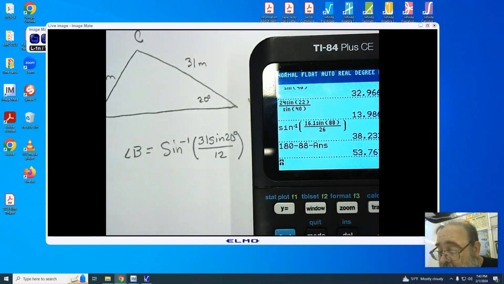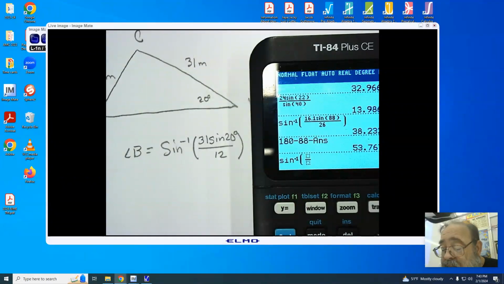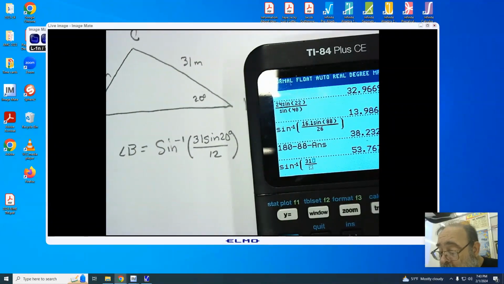Putting it in directly. Second function sine inverse gives me the fraction 31 times the sine of 20 degrees divided by 12. Whoa, I put the parenthesis in the wrong place. There we go, divided by 12. Now hit enter.